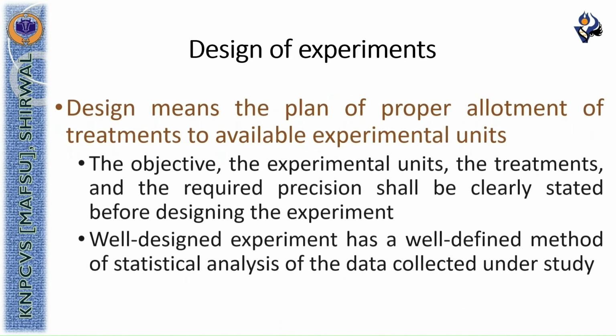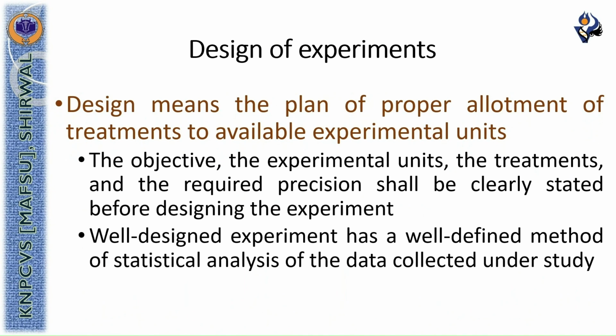Design of experiment is nothing but the plan of proper allotment of the treatments to the available experimental units. A well-designed experiment has a well-defined method of statistical analysis of the data which is collected under the given experiment.